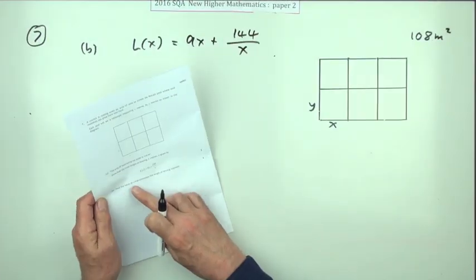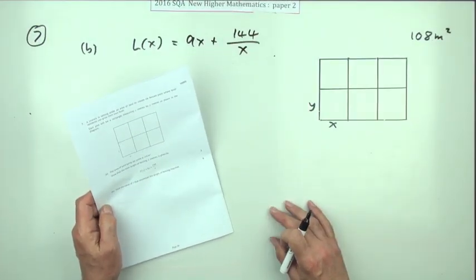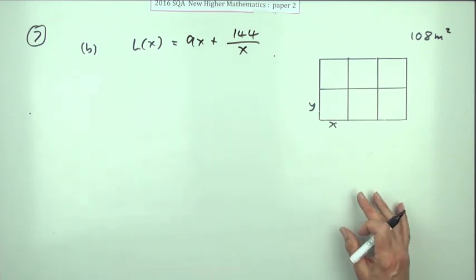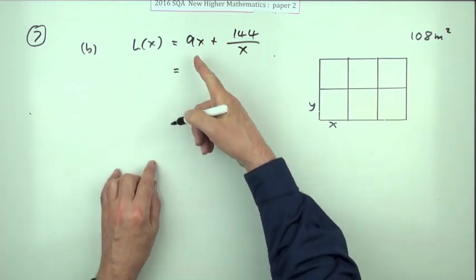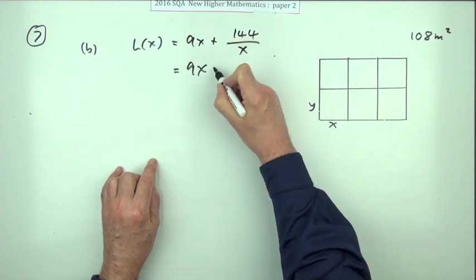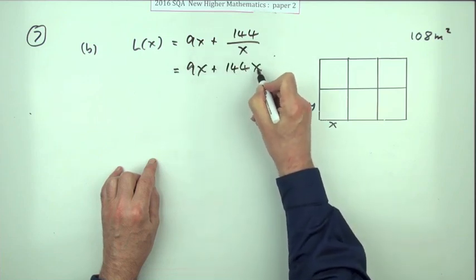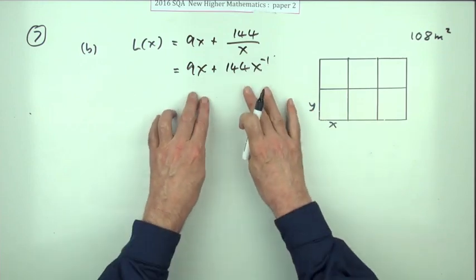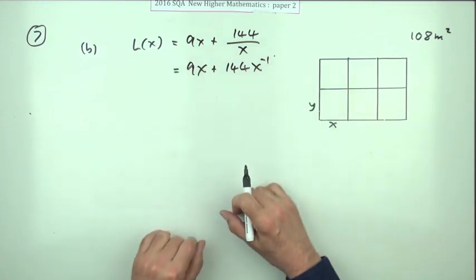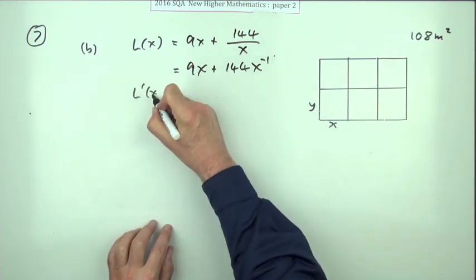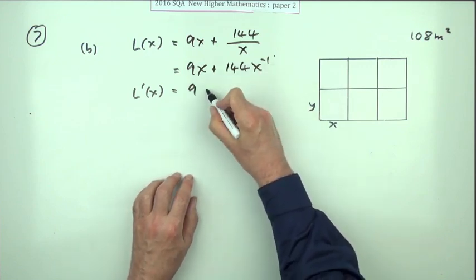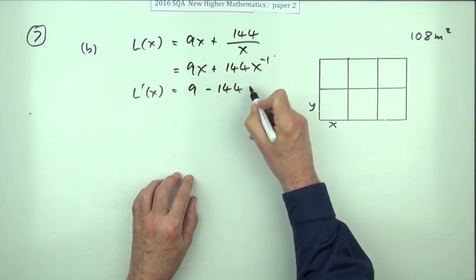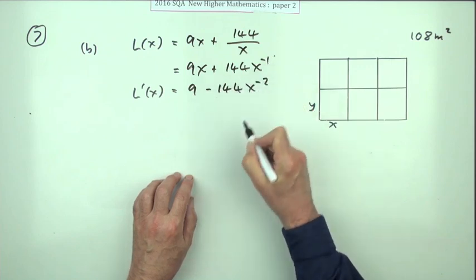And part B, find the value of x that minimises the length of fencing. Right, that's the standard optimisation one then. So the first thing is differentiate it, but before you can do that, that's not suitable. So you'd have to rewrite that as plus 144x to the negative 1. Separate terms with the variables in index form. Now we can differentiate it. So that would just go to 9 and then multiplying by negative 1, minus 144. 1 off the power drops to negative 2.